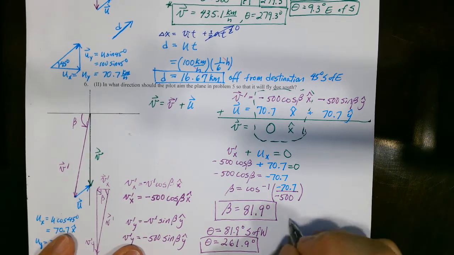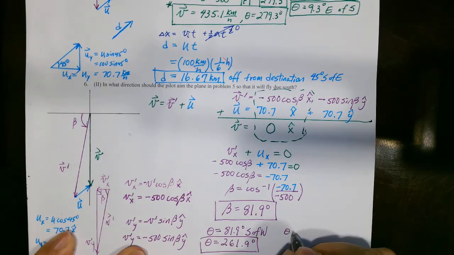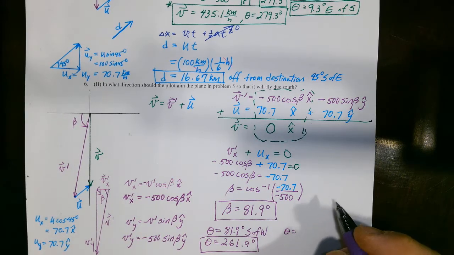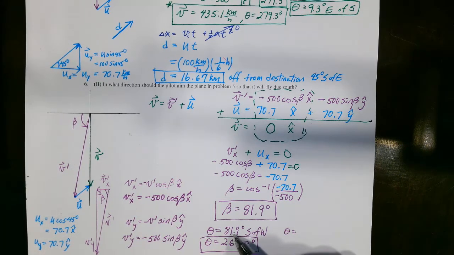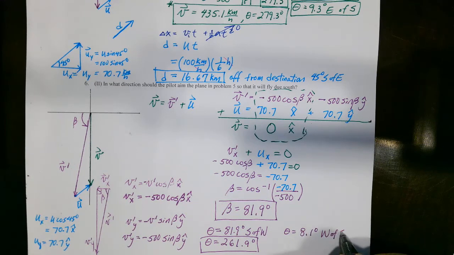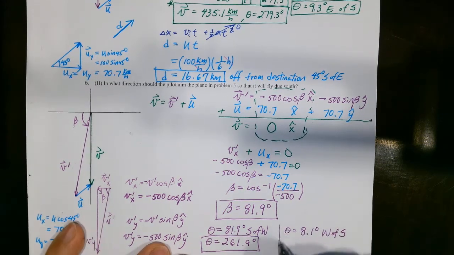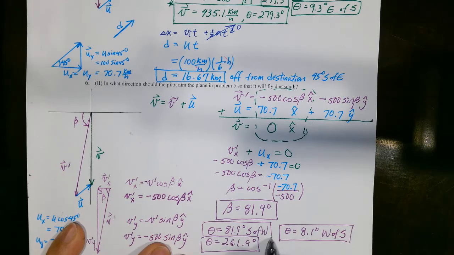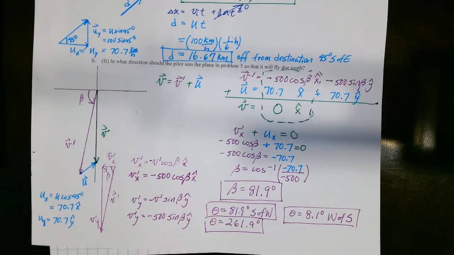Or you could say theta is equal to, I guess, 8.1 degrees west of south. So any of these three would be the proper angle for the direction of the aim.